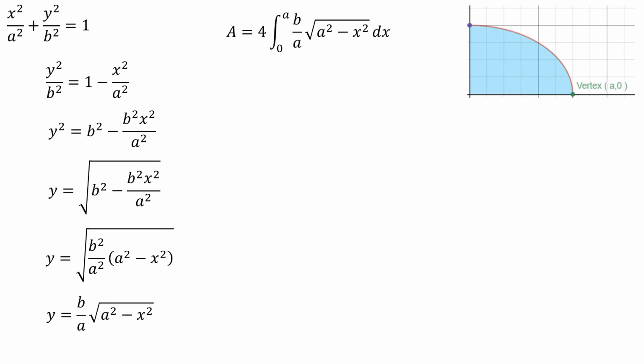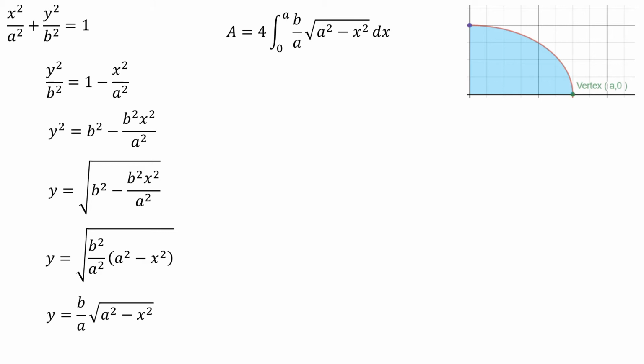And then I need to multiply that whole thing by 4 because I'm just finding 1/4 of the ellipse by doing this. So from left to right, we're starting at 0, and we're going to go all the way over to a. And then we have to integrate with that function. B over a times that square root with all that lovely stuff inside is the height of each rectangle.